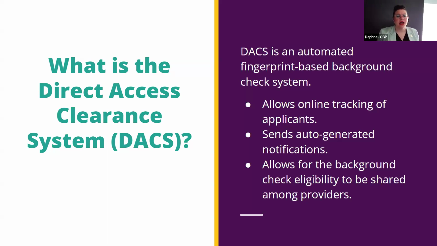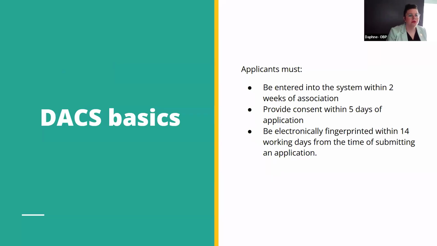And it really allows for the background check determination to be shared amongst different providers. It also helps us with a little bit of automation, with some features available on our end as well. Okay, so just a little refresher of some of the basics for applicants.